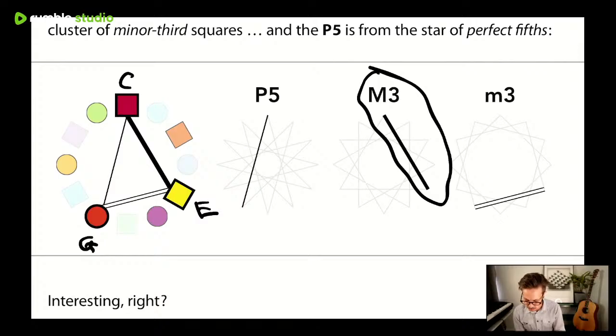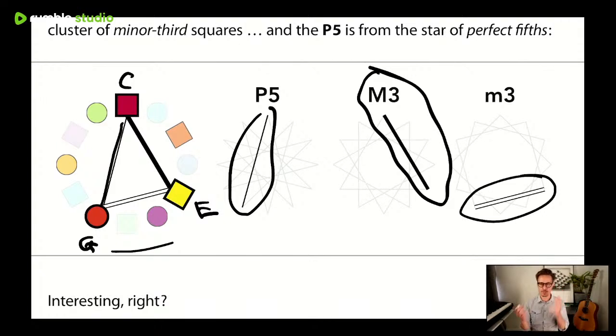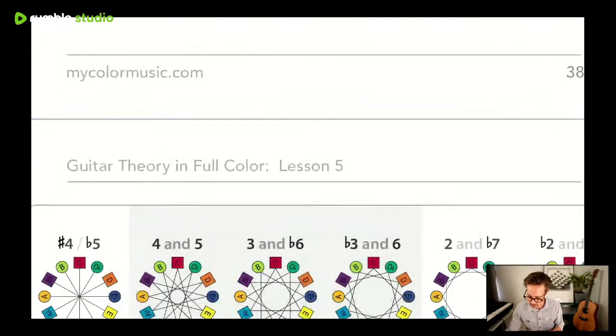Between E and G is this minor third from the squares, and then the perfect fifth between C and G is from the star of perfect fourths and fifths. So this hidden framework of geometry is informing all of the patterns in music. So we're going to continue on.